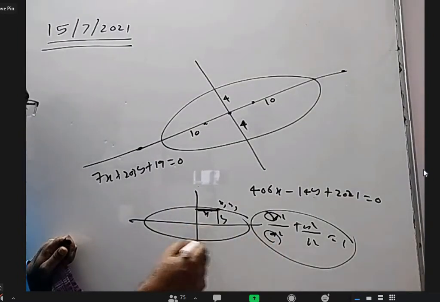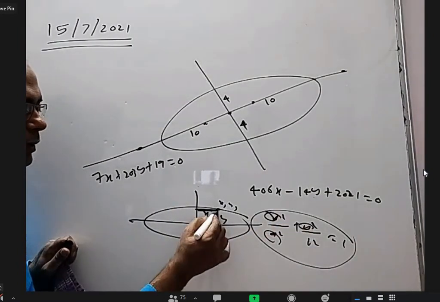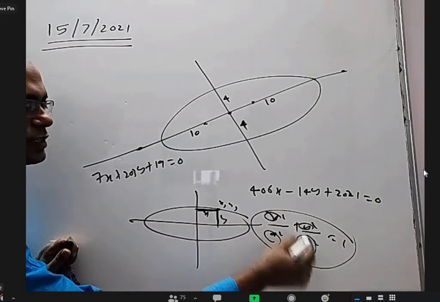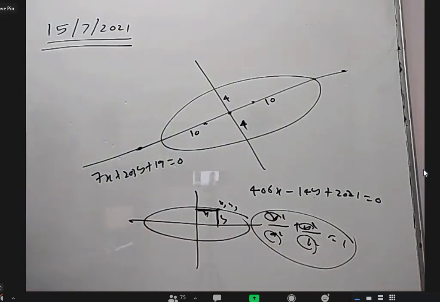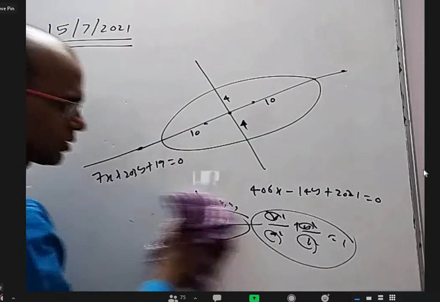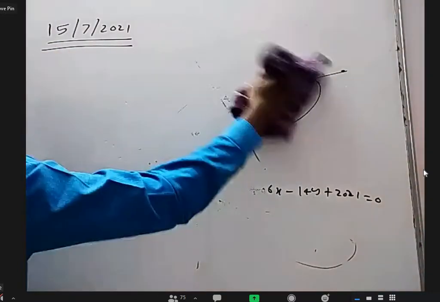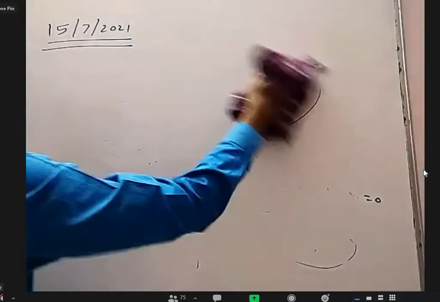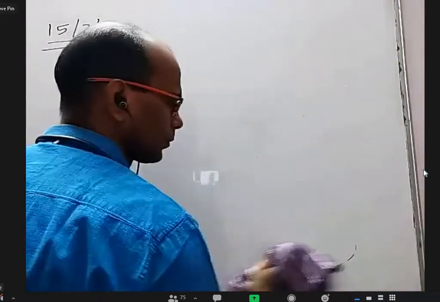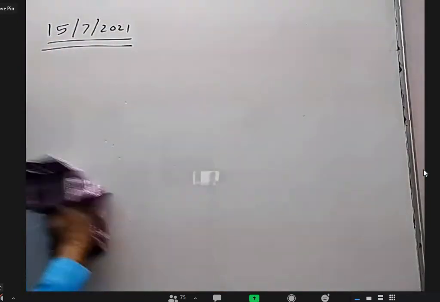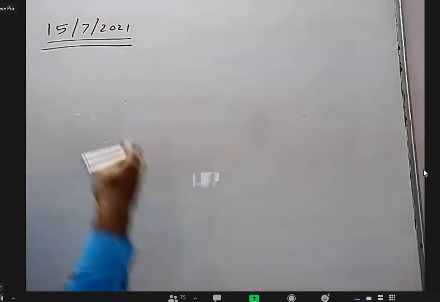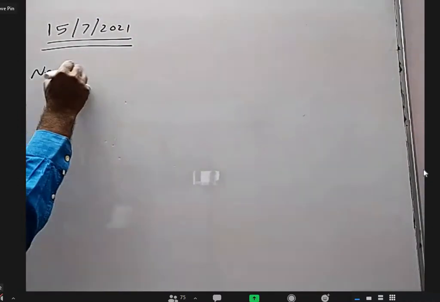A is the semi-major axis. Similarly, y is the perpendicular distance to the major axis, and this is the semi-minor axis whole square. So we'll be able to write the answer for this easily. I'll give it as a theory and then I'll give a question. Okay, new definition of ellipse.